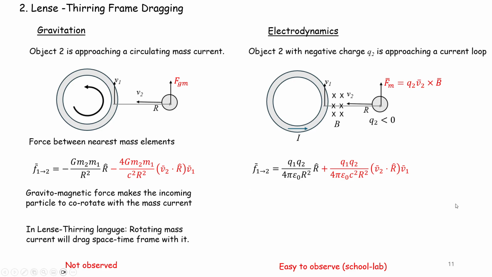And to do that, it has actually been done by the experiment Gravity Probe B. And for the circulating mass current, the spinning Earth is used. So this is replaced by the spinning Earth.